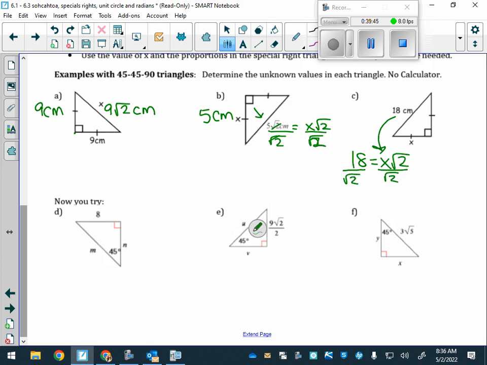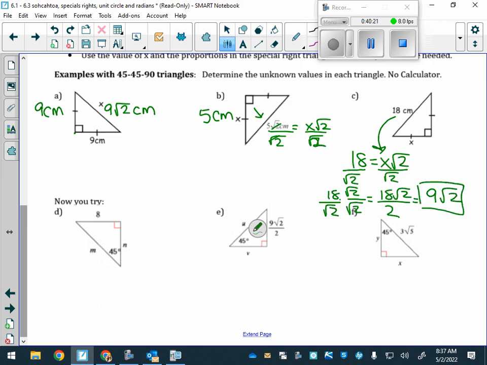Okay? So we have 18 over root 2. Can you have a radical in the denominator? No. So how do I get rid of it? Multiply by root 2 on each side. So I have 18 root 2 over 2. Can I simplify? 18 divided by 2 is what? 9.